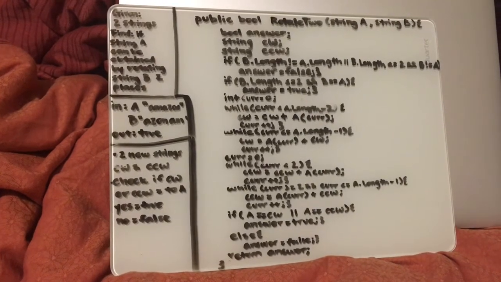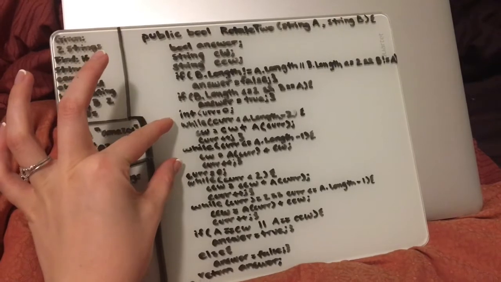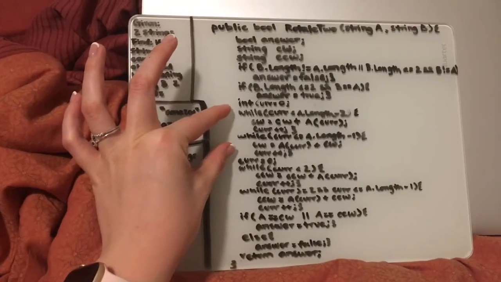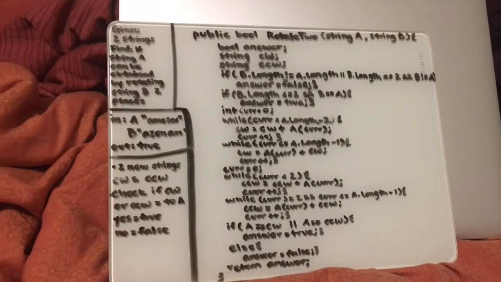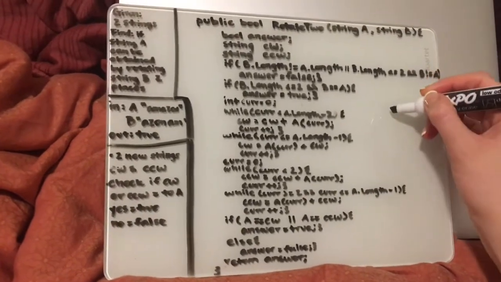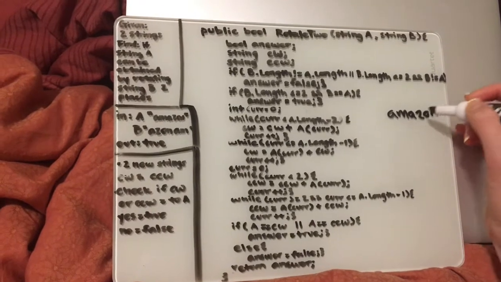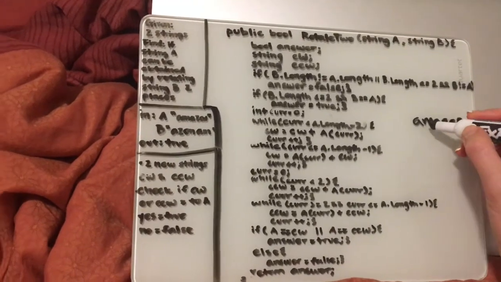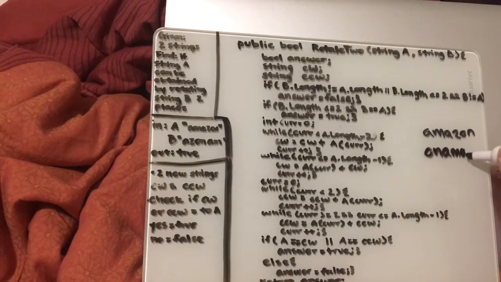So first, in this chunk, we are creating the clockwise string. Let me write this out. If we have Amazon, our goal is to get to ONAMAZ.